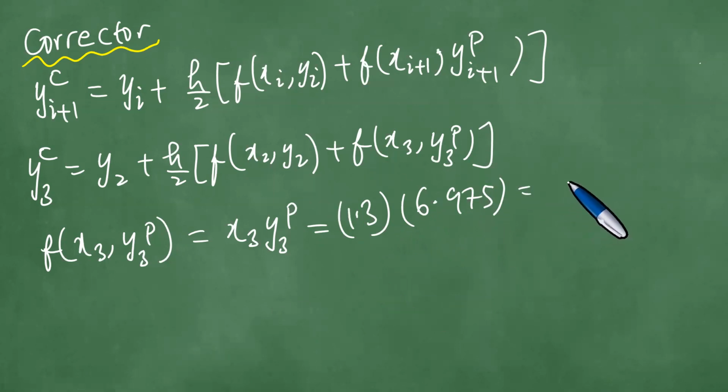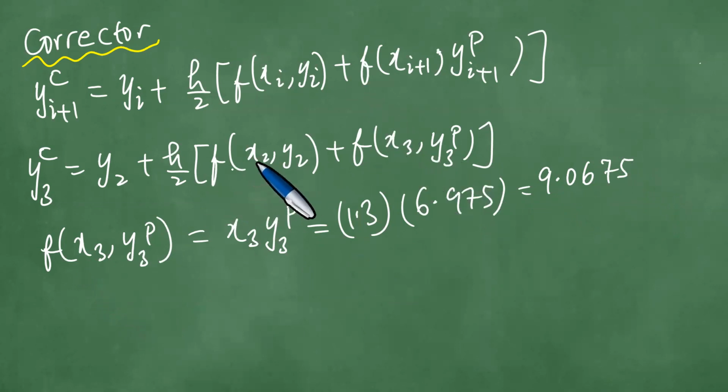1.3 times 6.975, this one is 9.0675. Right, so we got this one.